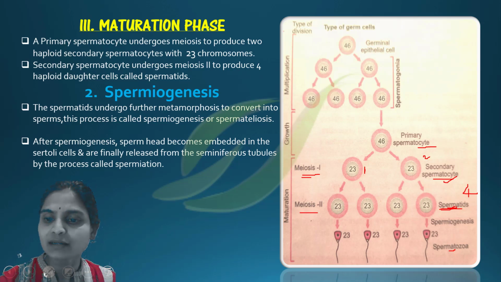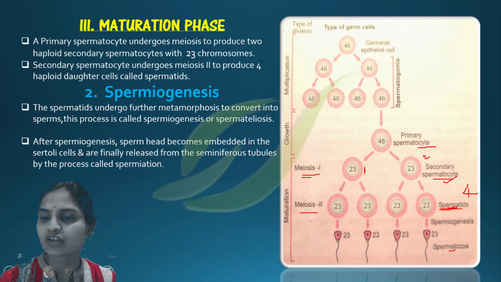The spermatid, which is circular or oval in shape, changes into a shape like a sperm with a flagellum which can move. So the spermatid is immature, oval in shape and non-motile. It is converted into motile, mature sperms.